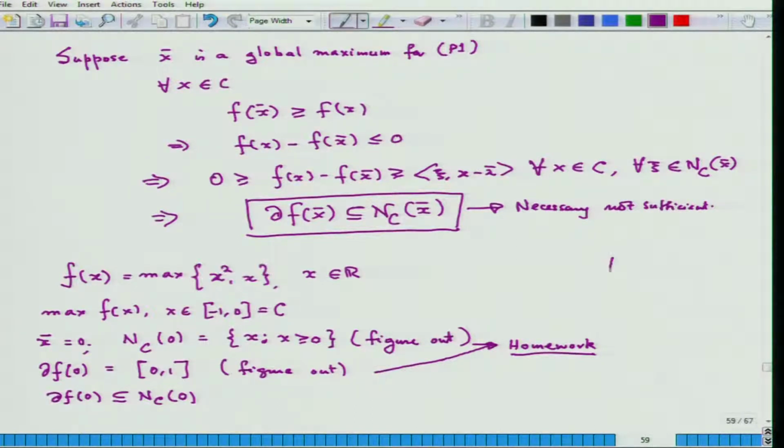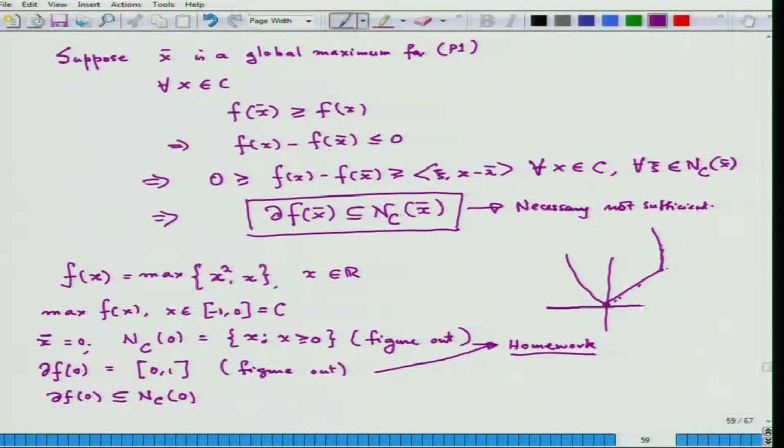But if you look at the graph of this function, this is my y equal to x, and here between the positive part it goes till 1 and goes up as x square. So, the graph of the function looks like this and then it goes up again. Here x equal to 0 is a global minimizer.